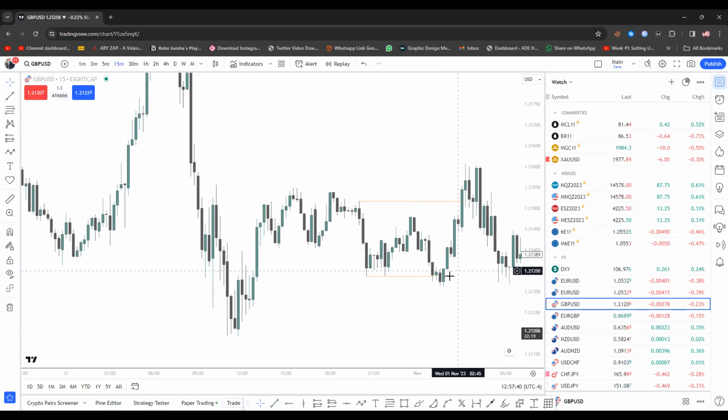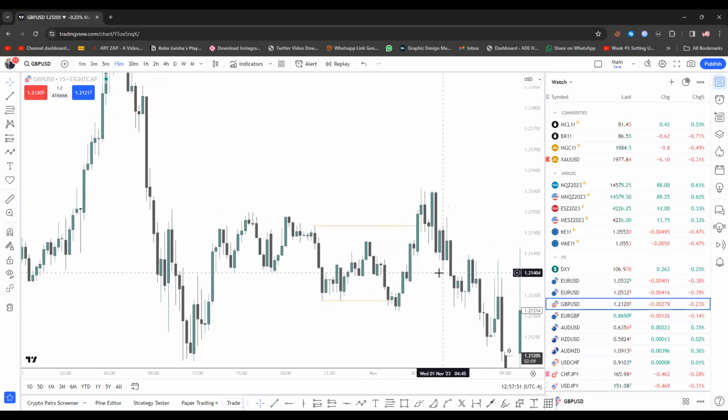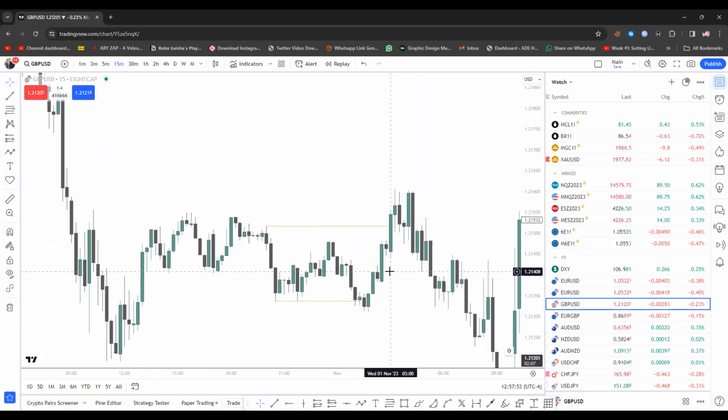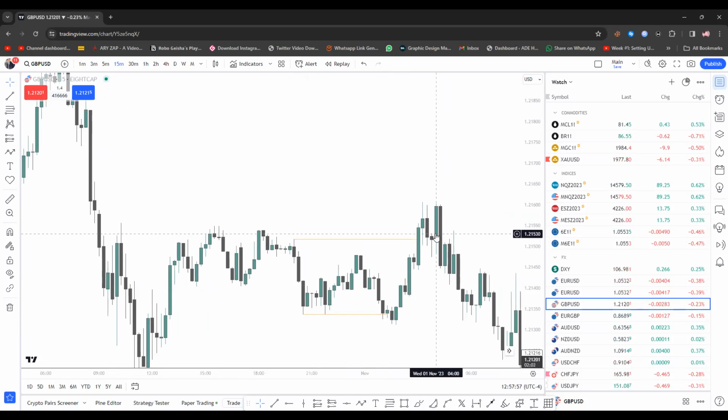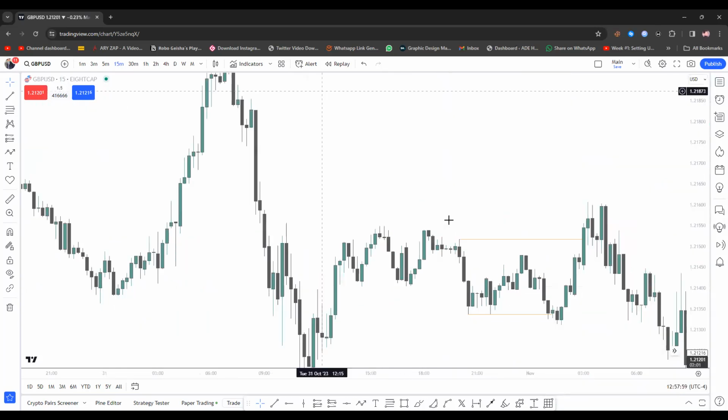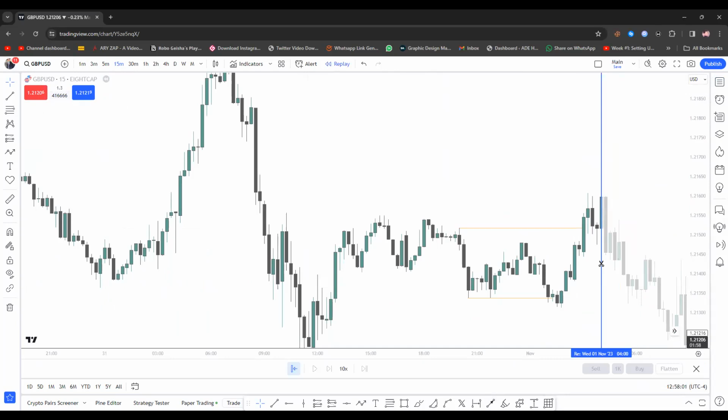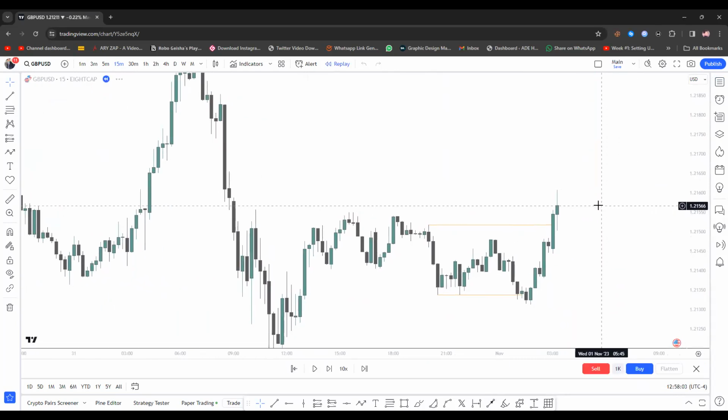But in this case, you can see that the market took out the Asian low before 2 a.m., so it's not something I would have looked into. But just for example, let's say this is the Asian high and it is taken out. Now you go into the lower time frame after this. Wait, I just closed the chat. Okay, here, now I'll go into the low time frame chart.